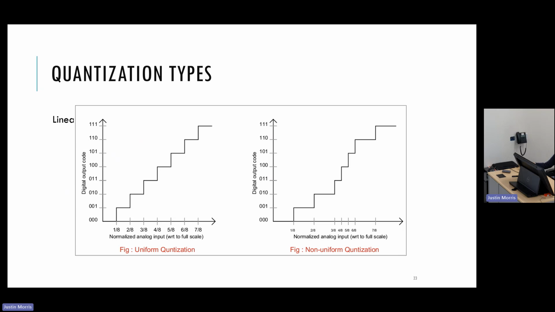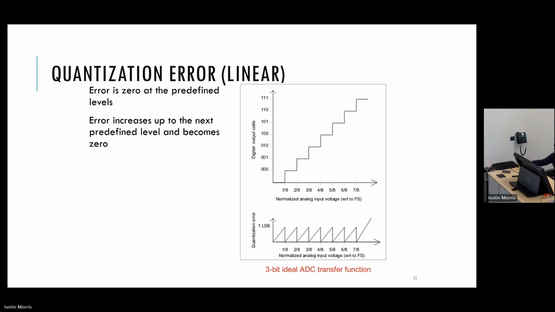And here is our quantization error. Based on our equation from before, we can only output these defined interval sizes. In the example we had before, it was those 1 volt steps. But we can have this continuous signal.